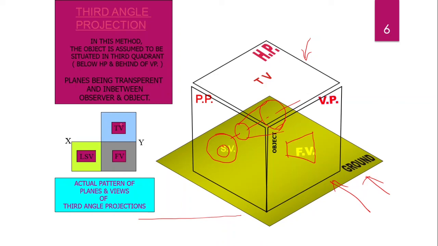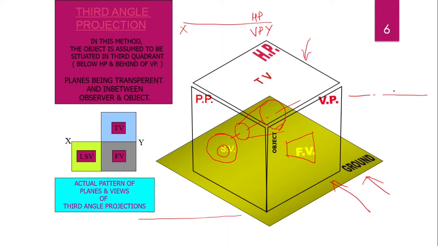The top view is always above the front view. Or we can represent the third quadrant in the simplest way like this: above the XY line HP, below the XY line VP. And we can represent the third angle projection like this.